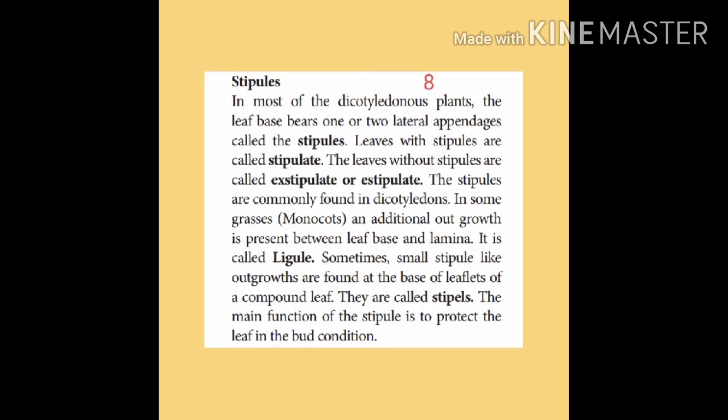It is called a ligule. Sometimes small stipule-like outgrowths are found on the leaflets, and they are called stipels. So stipulate, exstipulate, ligule and stipels: these are the different descriptions under stipule.